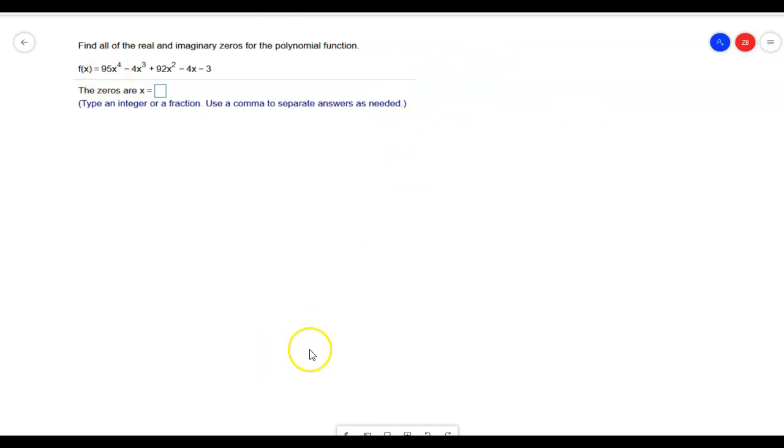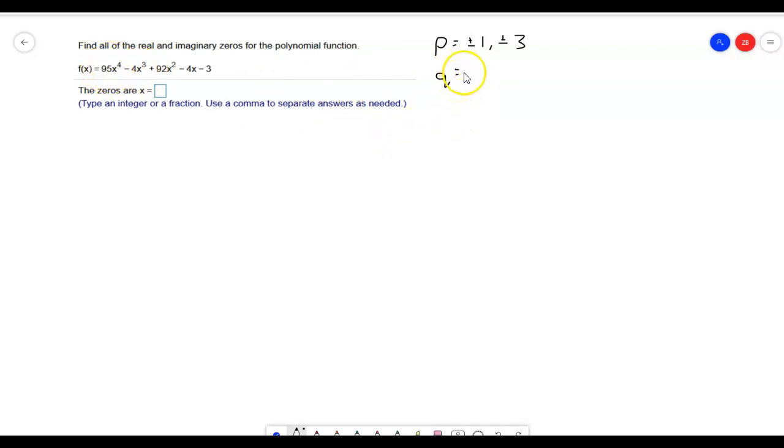So we're going to take all the factors of 3 and call it P over Q here. So if we call P equals all the factors of 3, which are plus and minus 1, that means 1 and negative 1, and plus or minus 3, and then we look at all the factors of Q, which are all the factors of the first coefficient, 95.